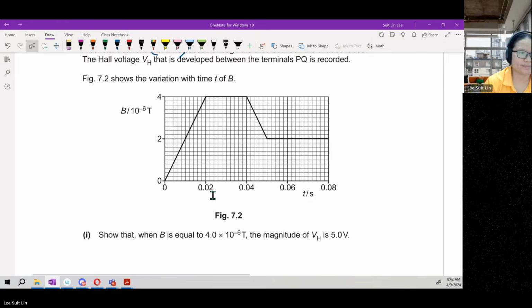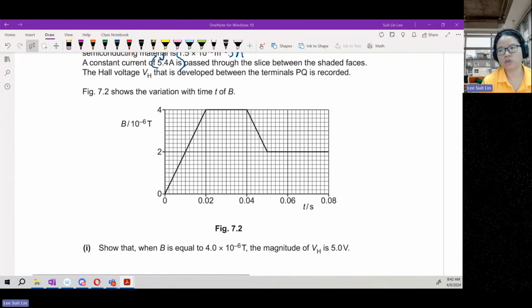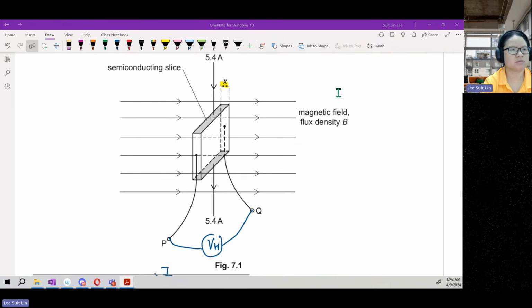Figure 7.2 shows the variation of B with time. So this magnetic field that we are shooting into the semiconducting slice has a property that changes with time.